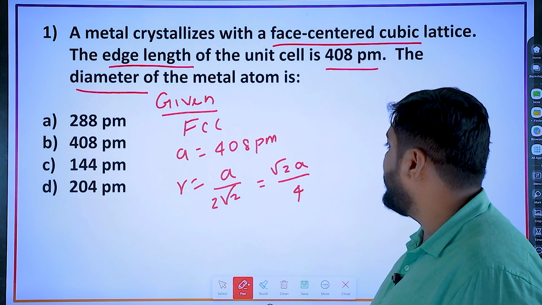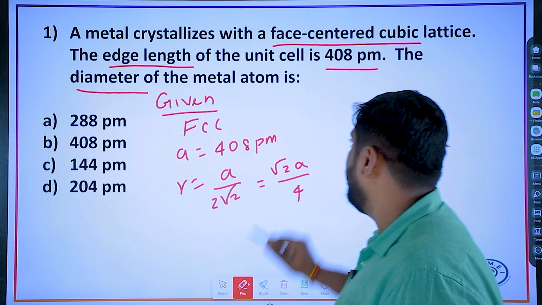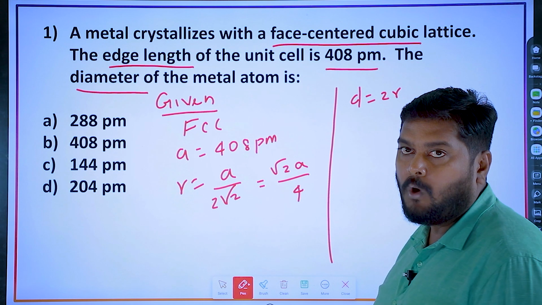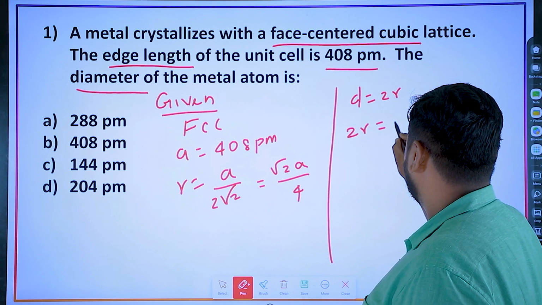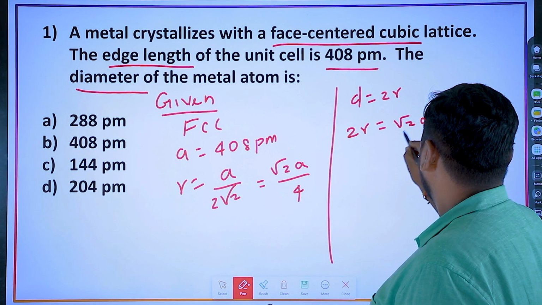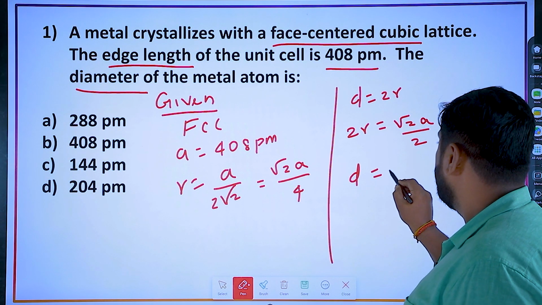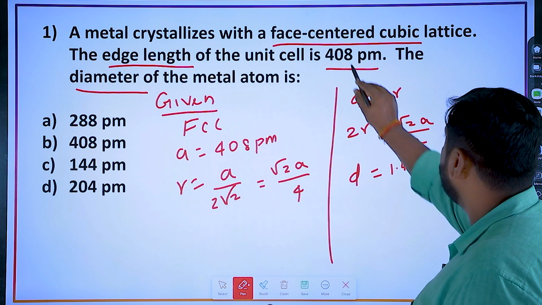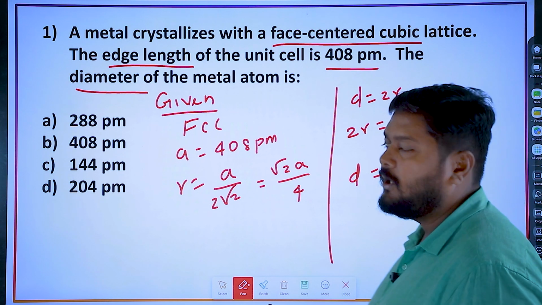So you are provided with a and we are asked to find the diameter. Diameter is nothing but 2r, right? So 2r equals root 2a by 2. This is your diameter. Root 2 is 1.414, into a, which is 408 picometer, divided by 2.